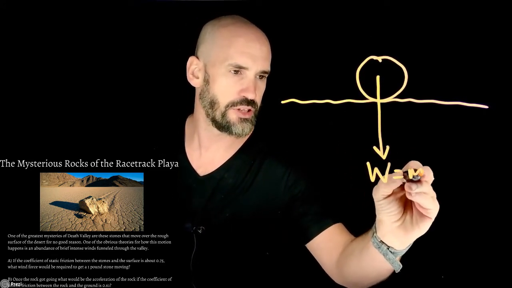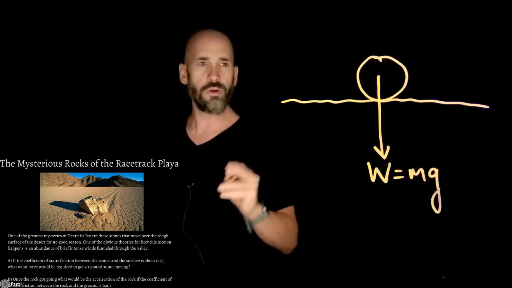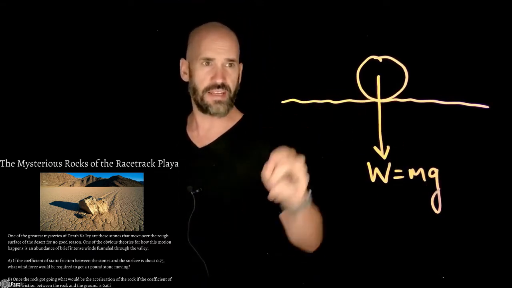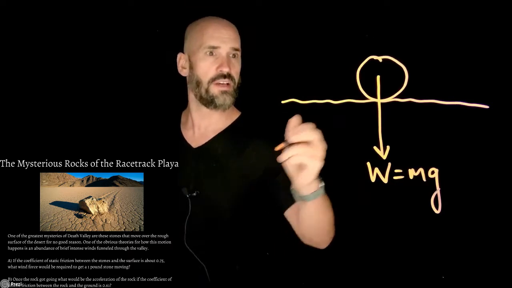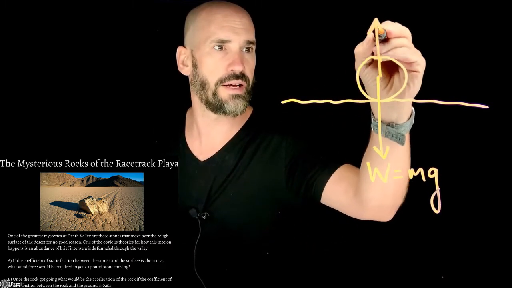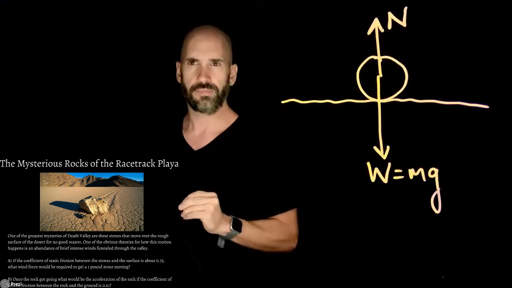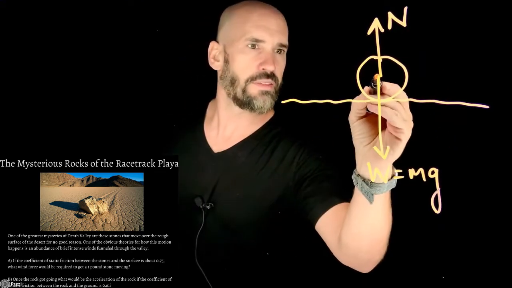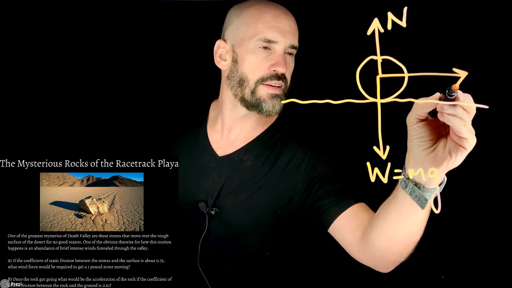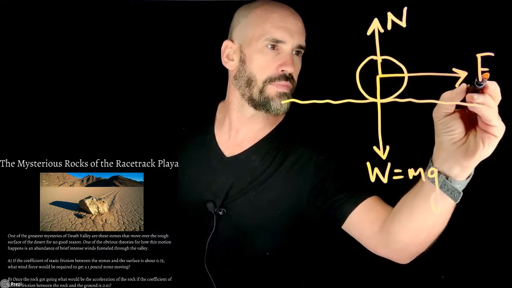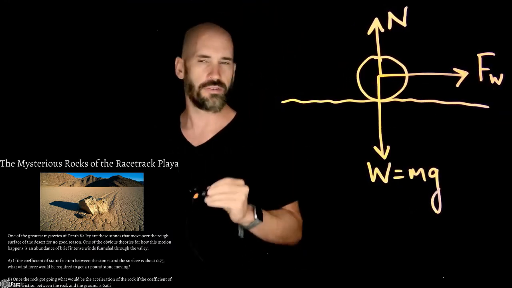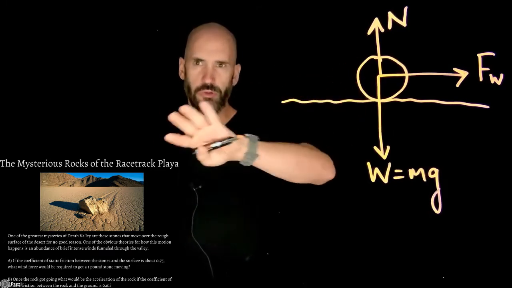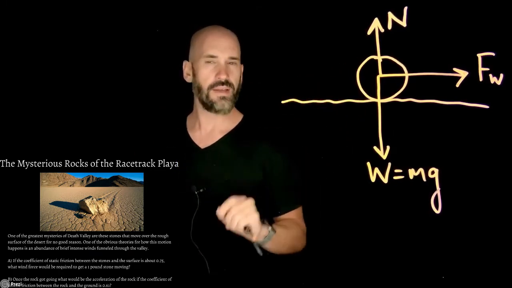And weight is always mg, okay? We know that it's resting on a surface and it's not falling into the earth, so we know that it must be balanced out by a normal force, N, okay? But if this guy's actually going to be moving, there must also be this, we'll call it F wind, right? So some kind of force due to the wind that's blowing on the stone, okay?